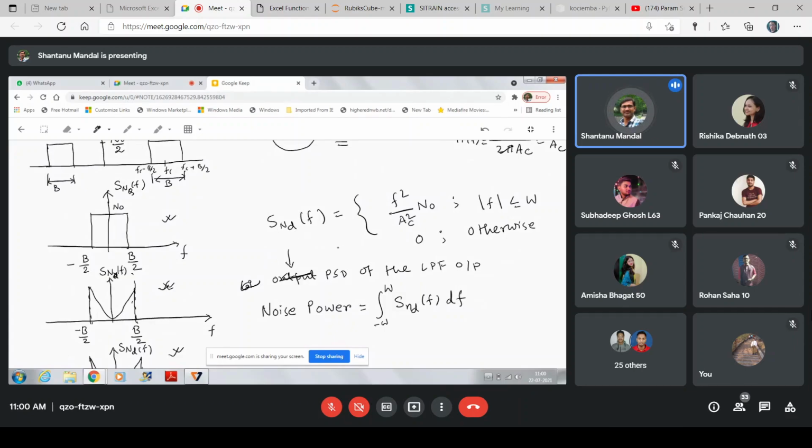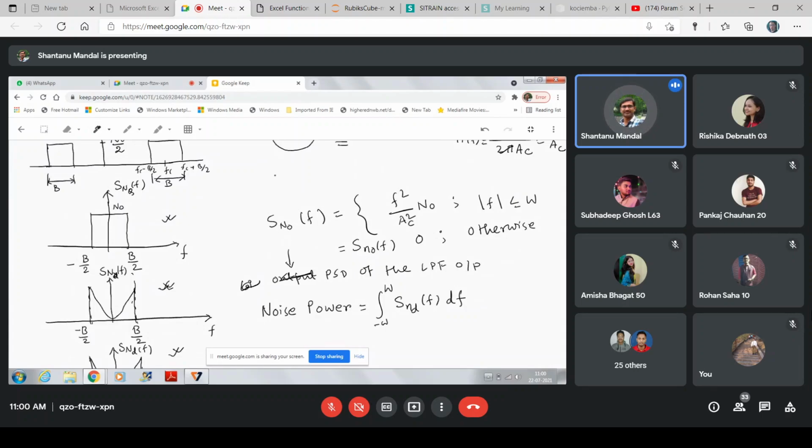This is also known as S of N0(f), the output power spectral density.